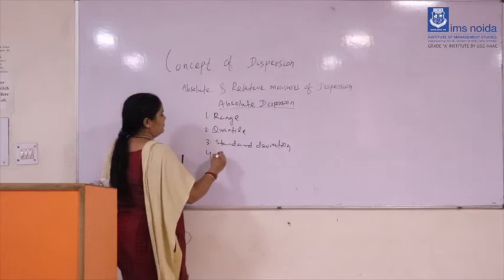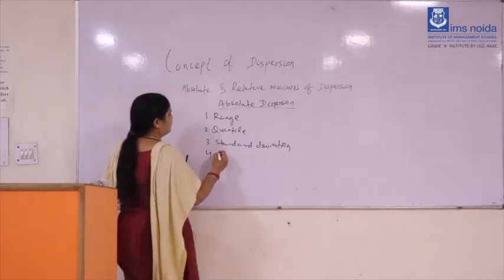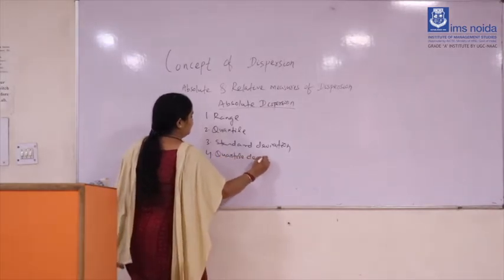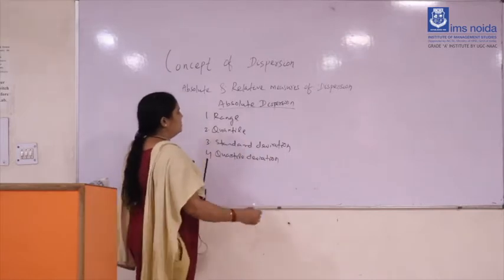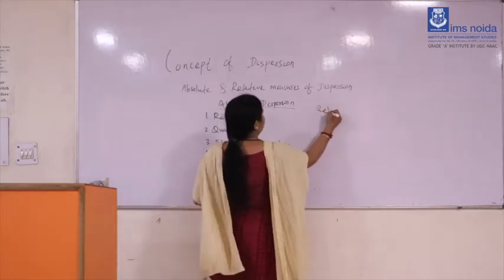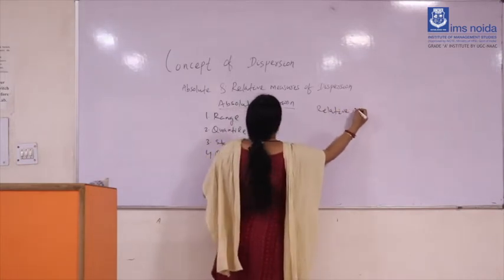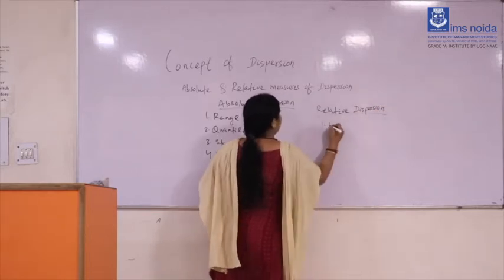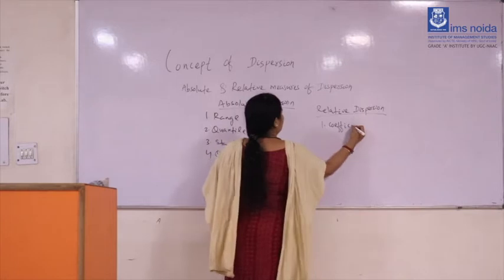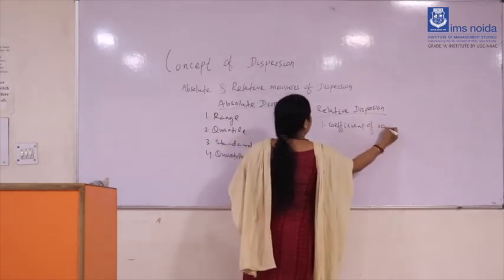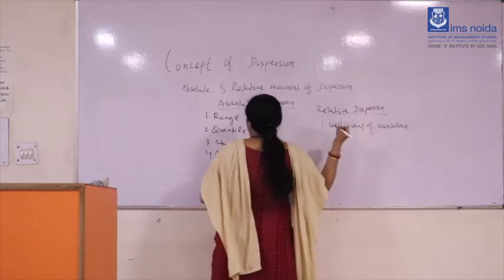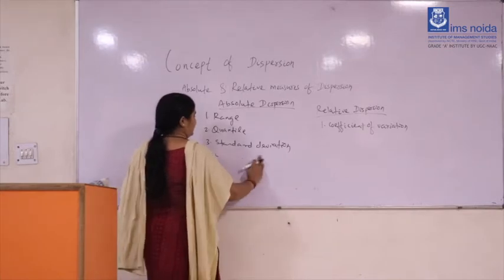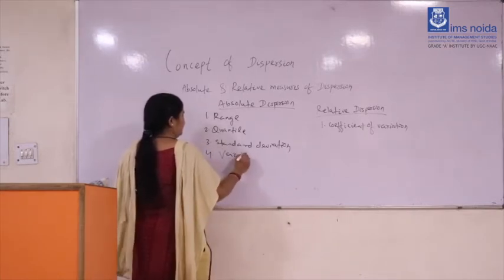And the fourth one is quartile deviation. Now you will discuss relative dispersion. We will discuss coefficient of variation. Instead of quartile, you will get quartile deviation. So you can find range or variance; the fourth part you can write is variance.